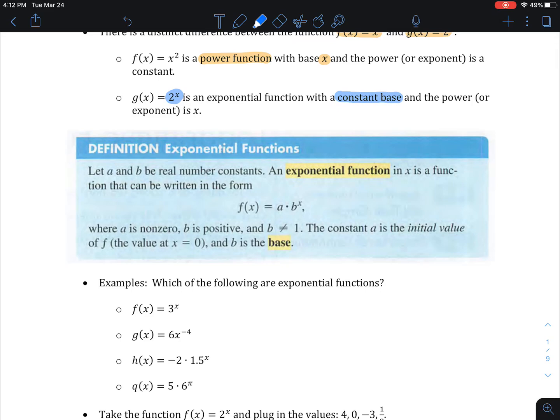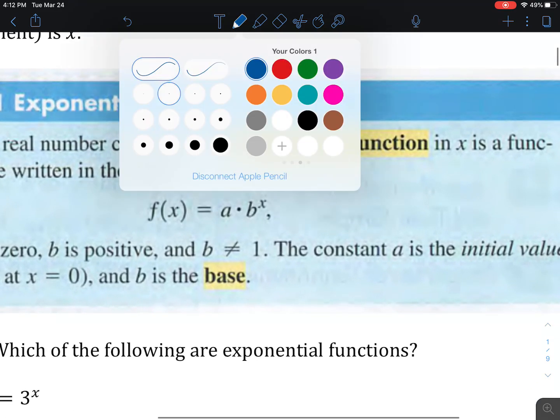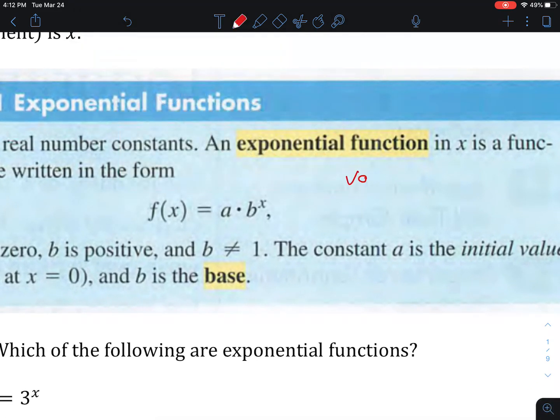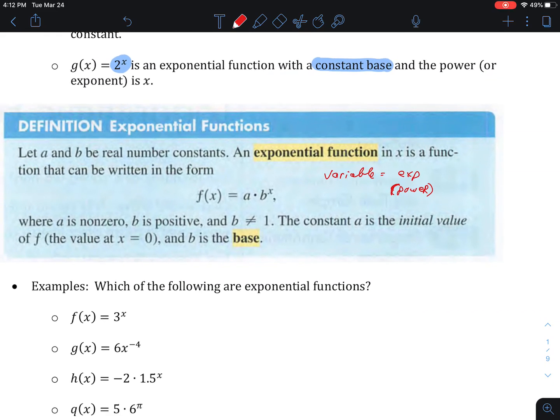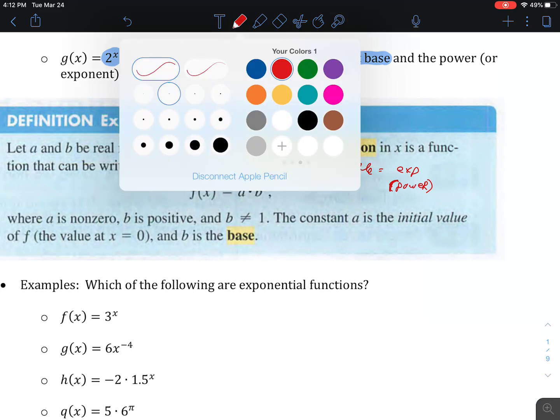Okay, so as it says here, a and b are real numbers. An exponential function is a function written in this form, right? The thing we need to know is that the variable is the exponent, or the power. Usually we see x squared, where the variable is the base. In this case, it's the other way around.